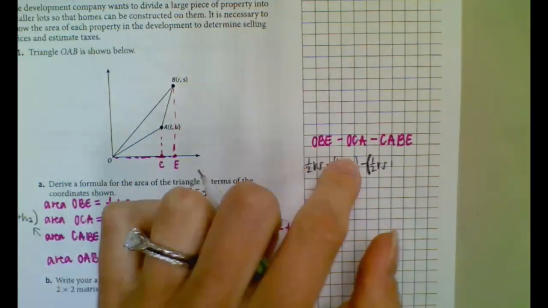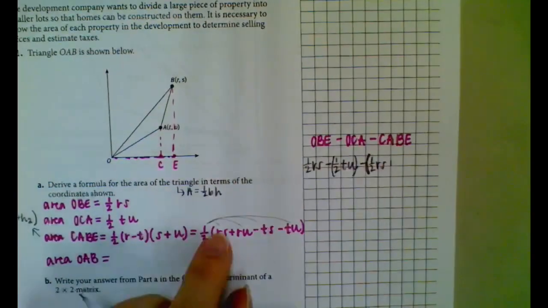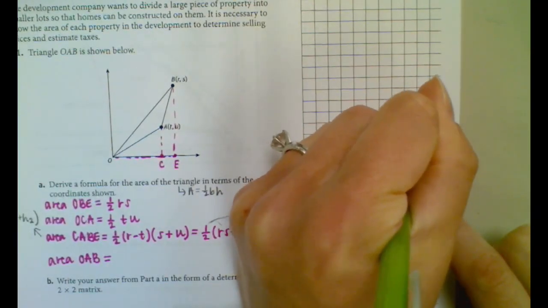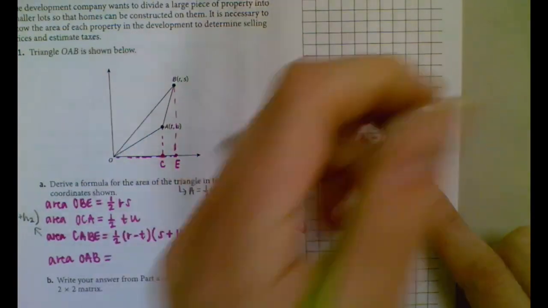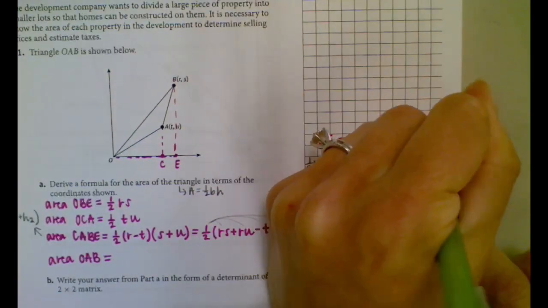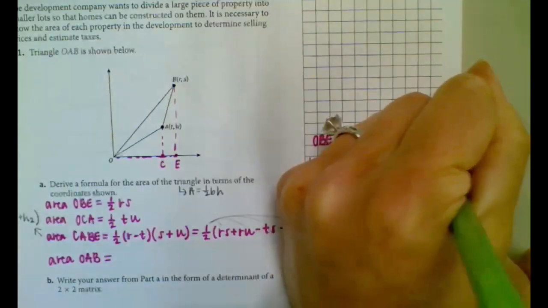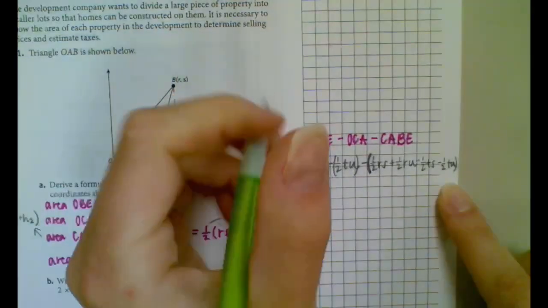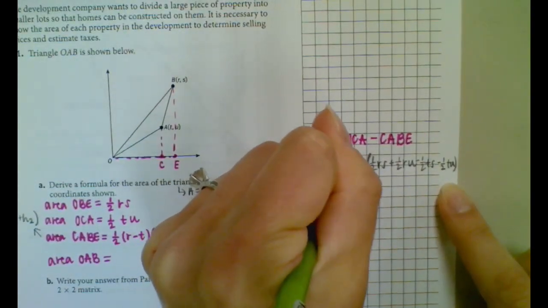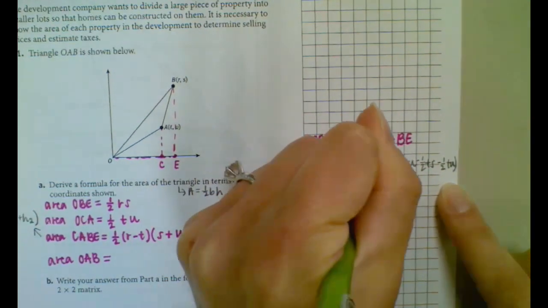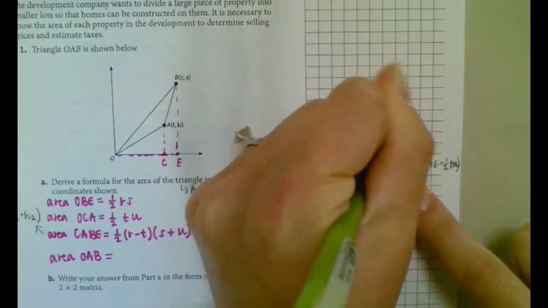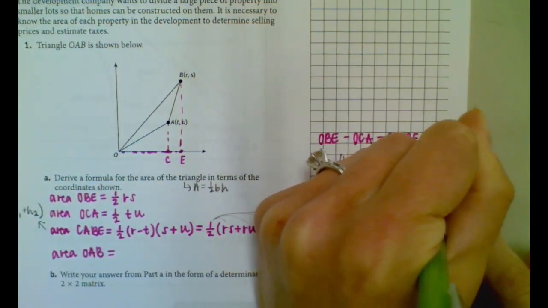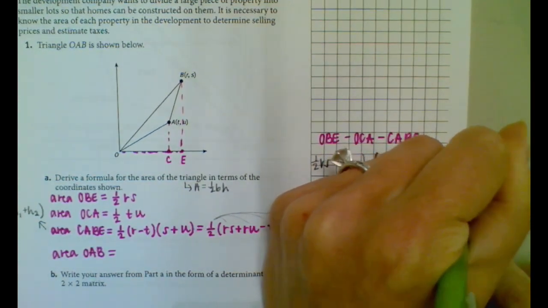So I've got OBE minus OCA minus the quadrilateral, and I'm going to write this in: 1/2 RS plus 1/2 RU minus 1/2 TS minus 1/2 TU. So I've got 1/2 RS minus 1/2 TU minus 1/2 RS, and I'm distributing this negative now: minus 1/2 RU plus 1/2 TS plus 1/2 TU.